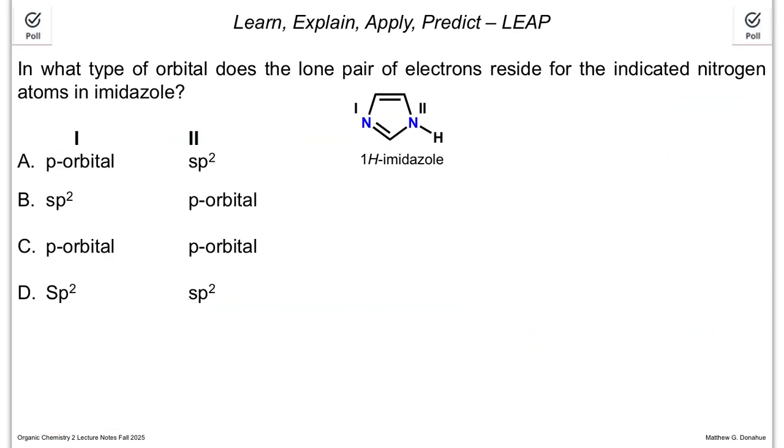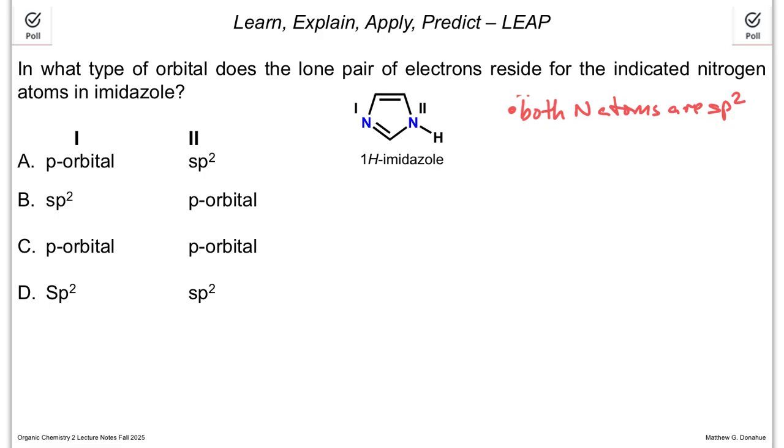So I'll go through these pretty quickly because we've talked about it. Again, both N atoms are sp2 hybridized. And then we want to figure out what type of orbital the lone pair resides in.